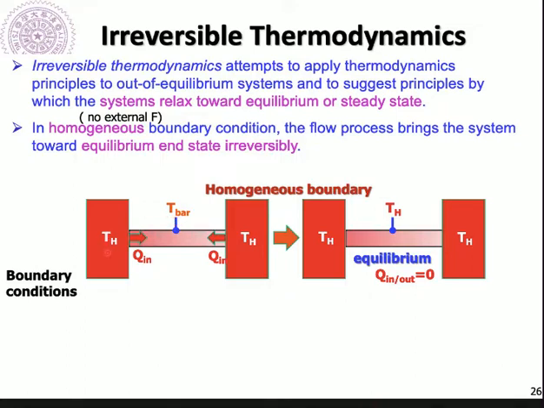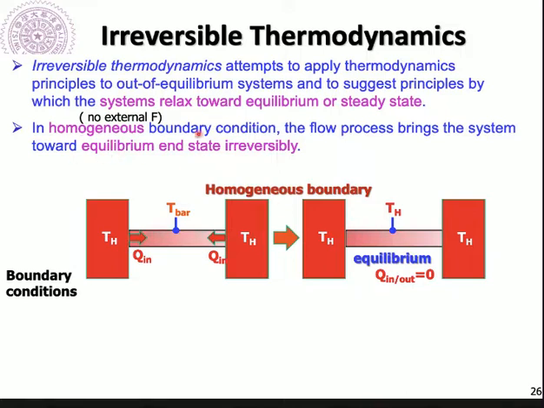Then we put the same heater with the same temperature at each end of this metal bar. This we call a homogeneous boundary condition. In this case, after a while, the temperature of this metal bar will reach Th, the same temperature as the heater, and that will reach the equilibrium condition.